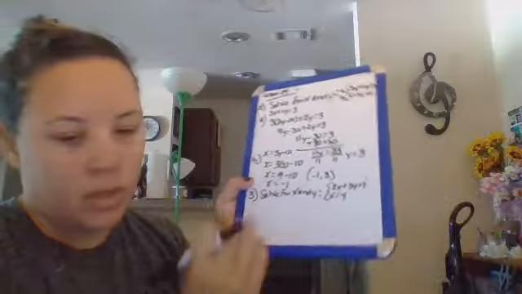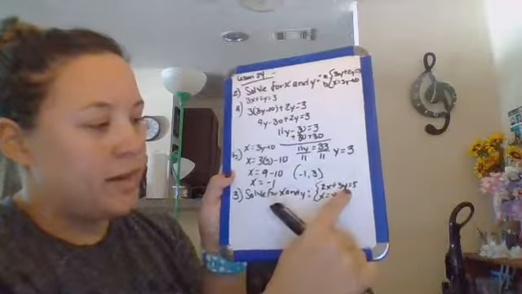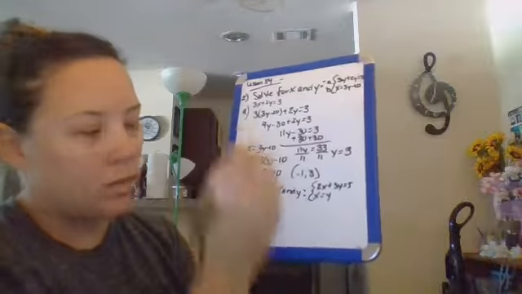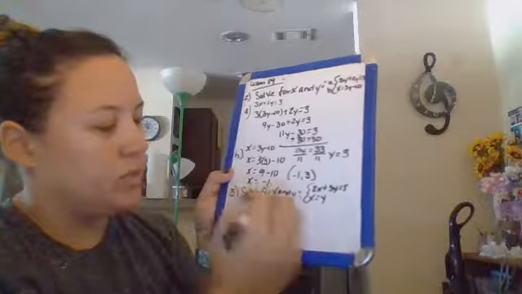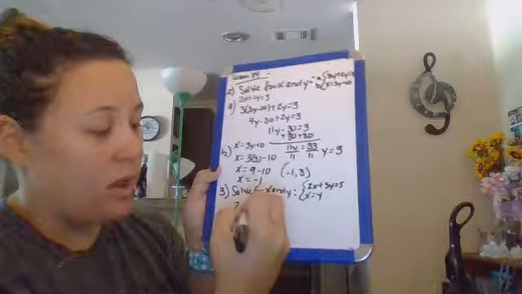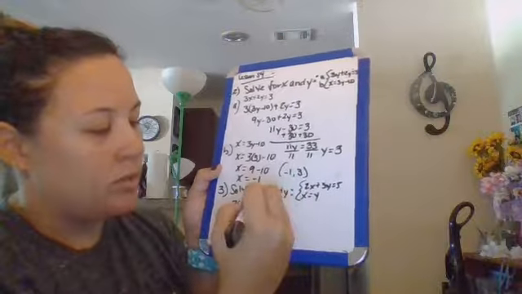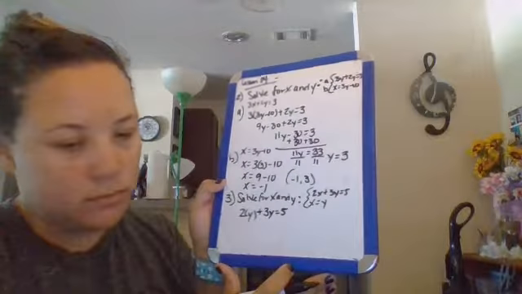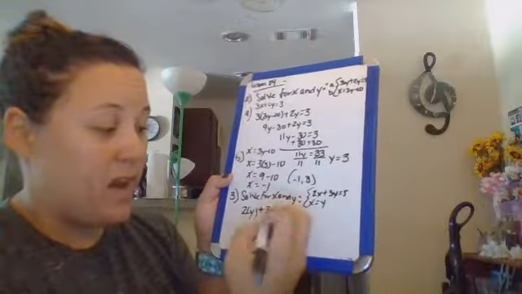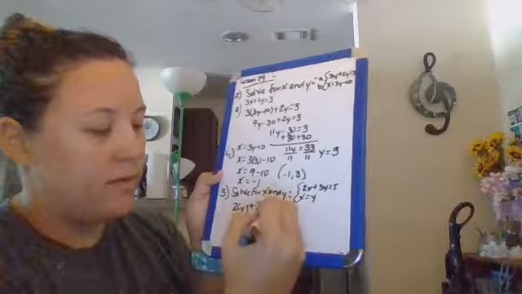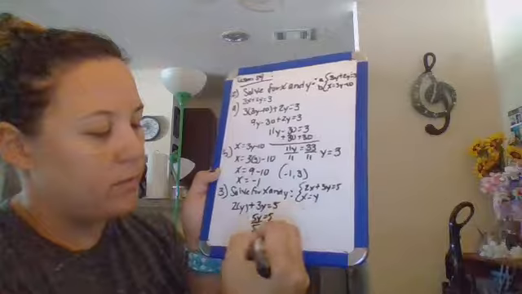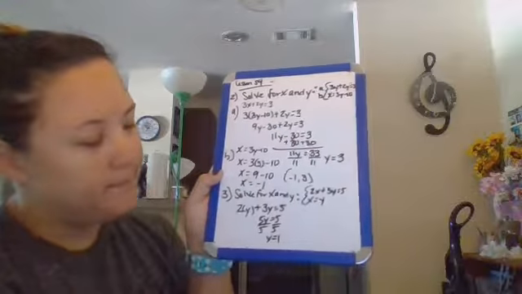All right. So I use my first equation to find out y. And I plug in the x and y. So it's going to be 2, and since x equals y, this is going to be 2 times y plus 3y equals 5. 2y plus 3y is 5y. 5y equals 5. Divided by 5, y equals 1.